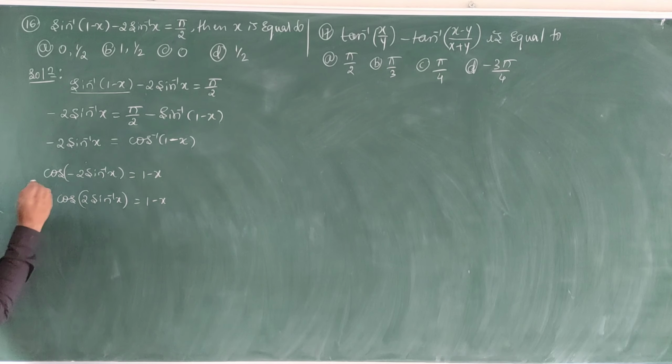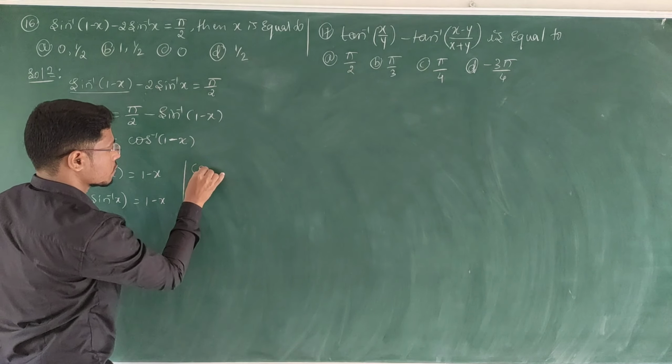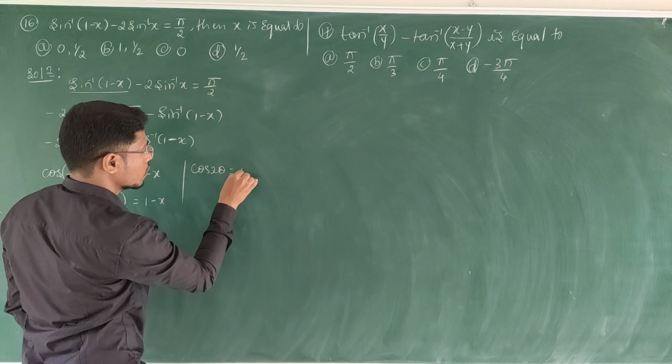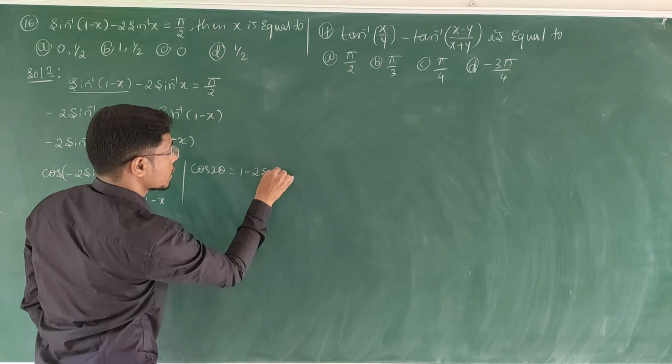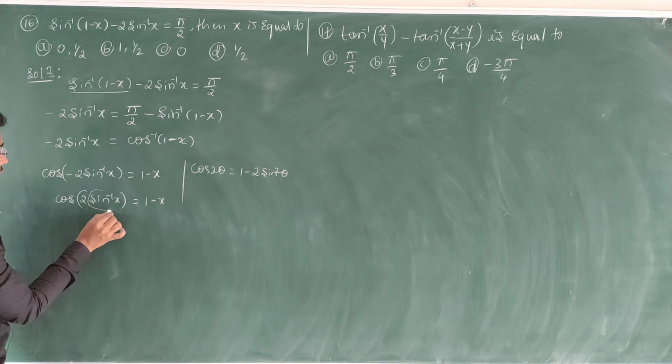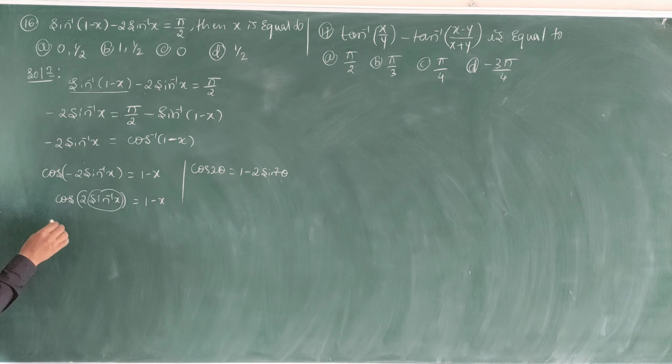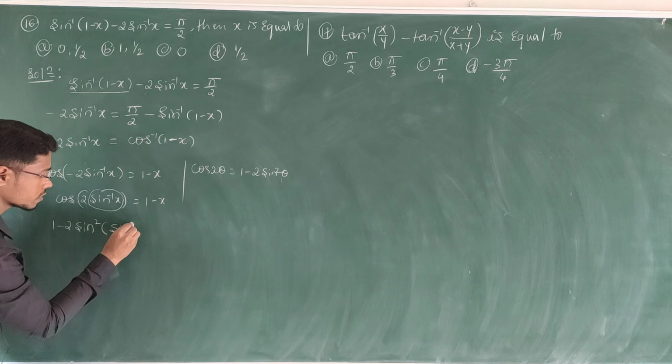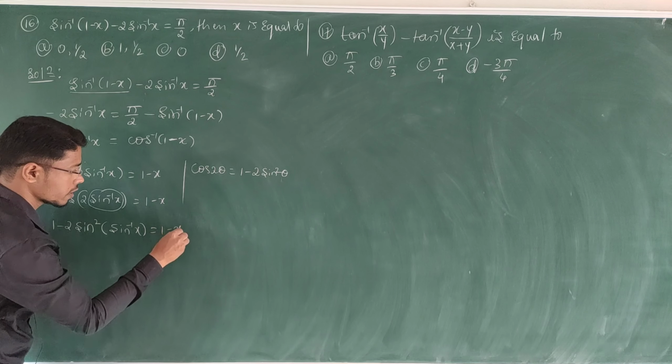Cos 2 theta can be written as 1 minus 2 sin square theta, where theta is sin inverse of x. Remember this is our theta, so that's why we write 1 minus 2 sin square.